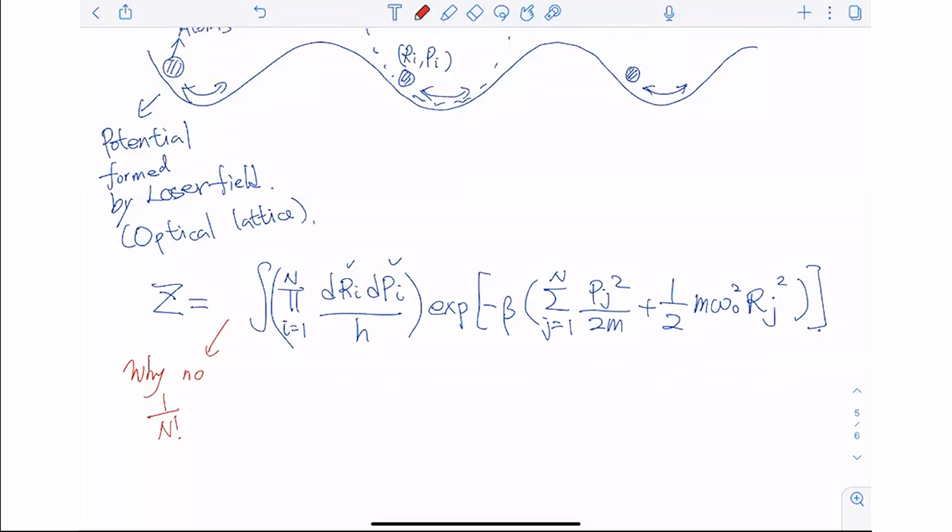In the ideal gas model, we have this 1 over n factorial factor, because we are not able to label those particles, since they could come very close to each other and exchange their positions. Therefore, they are indistinguishable. That's why we have this 1 over n factorial factor.